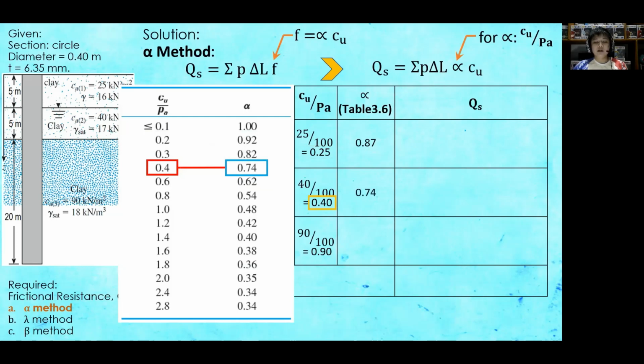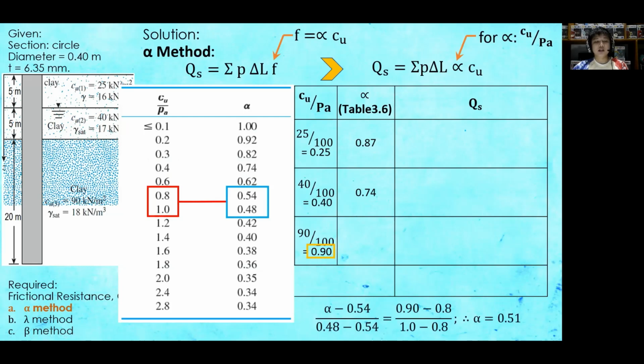So next, the value is 0.4. So directly from the table, alpha is equal to 0.74. So for ratio equal to 0.9, the value is in between 0.8 and 1. Thus, apply interpolation.